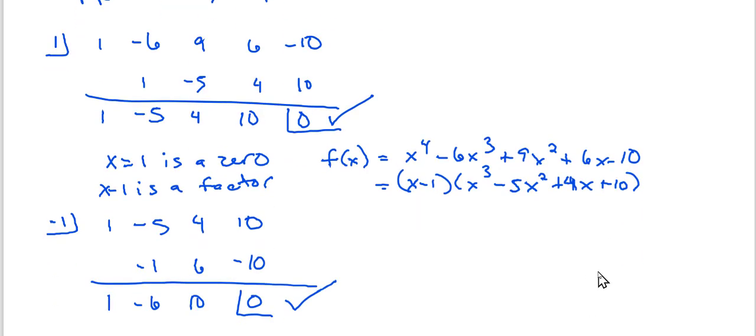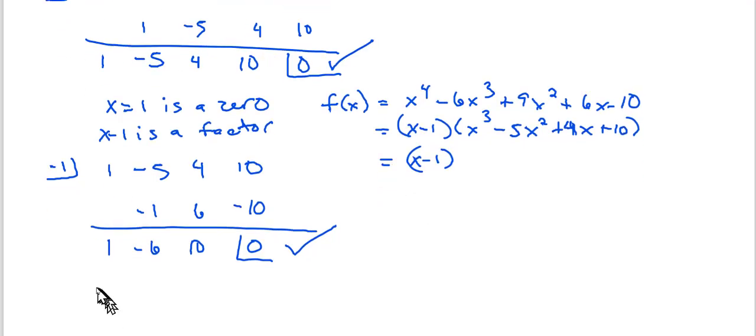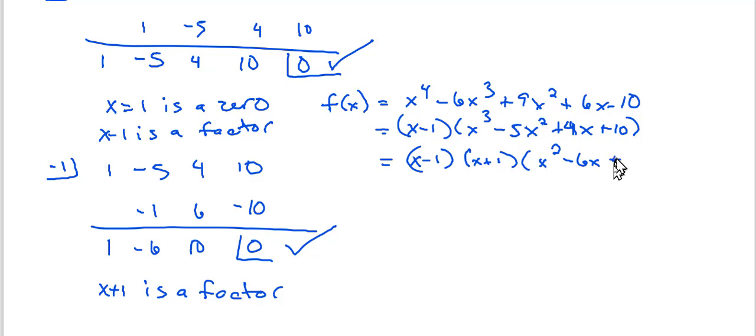And so I just wanted to work on that cubic function. So that's why I put those coefficients there. Then I found that synthetic division here, giving a remainder of 0, tells us x plus 1 is a factor. X minus the -1, x plus 1, and what's left is x squared minus 6x plus 10.